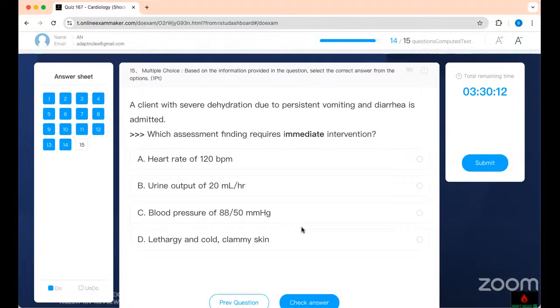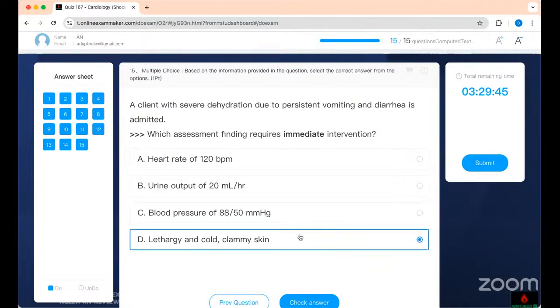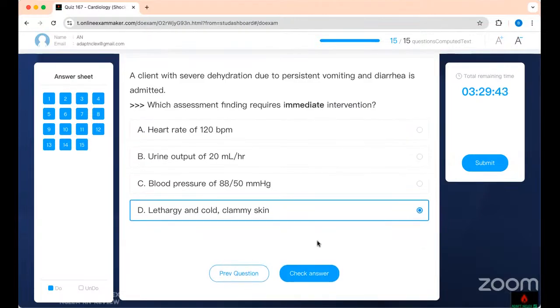Urine output is low? I give you fluid. Your blood pressure is low? I give you fluid. But when you're lethargic and cold and clammy, that is a decompensated state. That means you're not coming back. You have reached a stage that is bad. All of them are expected, but if you put your thinking cap on and you're being sharp, you know this is worrisome. This is Adaptive class.